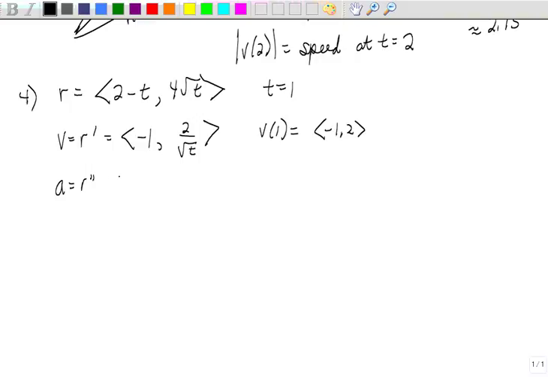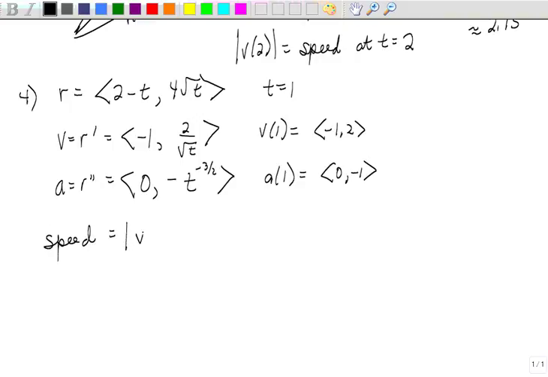Acceleration is the second derivative. That's going to be 0, negative t to the negative 3 halves. And a of 1 is 0, negative 1. The speed is the magnitude of the velocity, and that's the square root of 1 plus 4 over t.